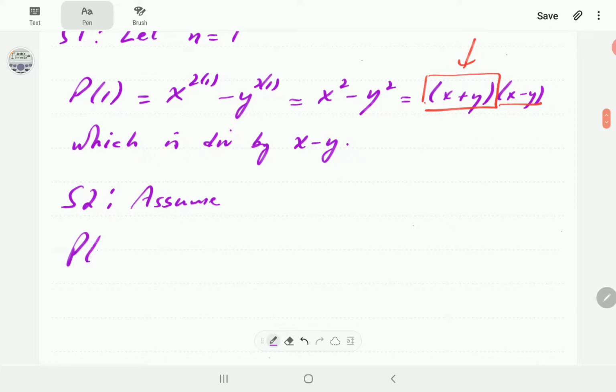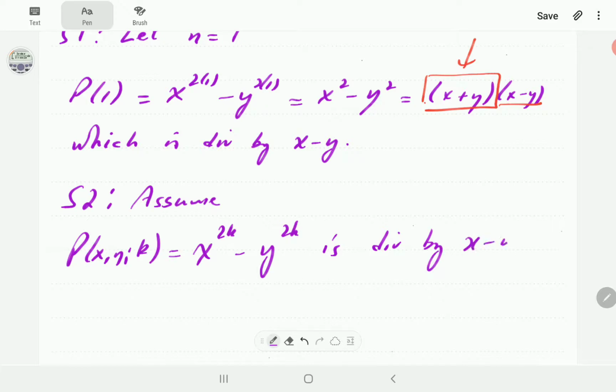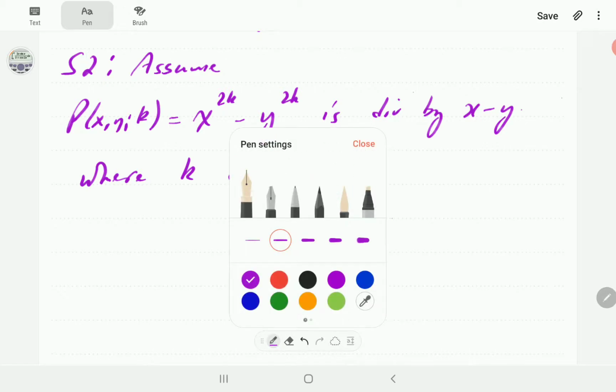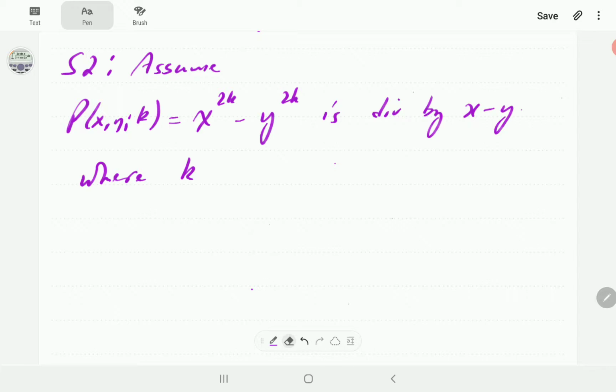So we're going to assume that p of x, y of k, x to the power 2k minus y to the power 2k is divisible by x minus y, where k is a natural number. Okay.